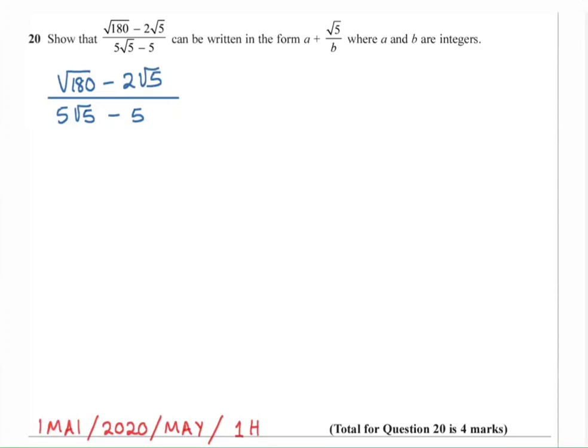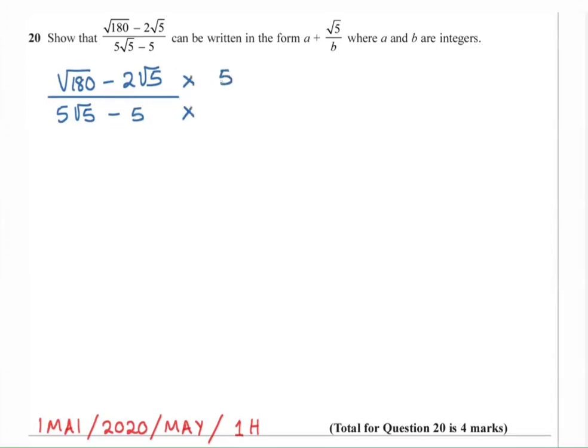We are going to multiply both the numerator and the denominator by the opposite of the denominator. So meaning I'm going to multiply this by 5 root 5 plus 5. Same thing in the denominator, 5 root 5 plus 5. The opposite is when I simply change the sign between the terms in the denominator.